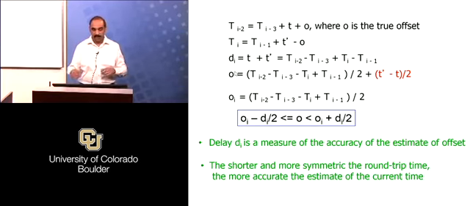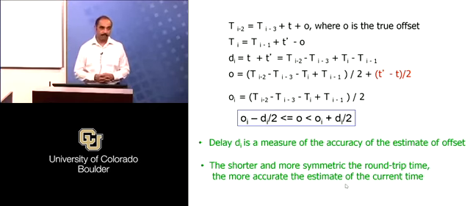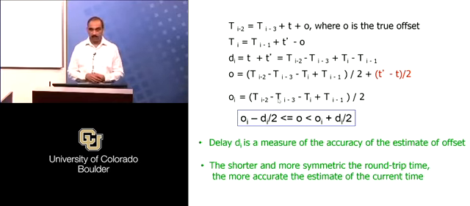But in general, the message latencies are not symmetric. So the shorter and more symmetric the round trip time, the more accurate the estimate of the current time, which is the offset. Any questions about this?